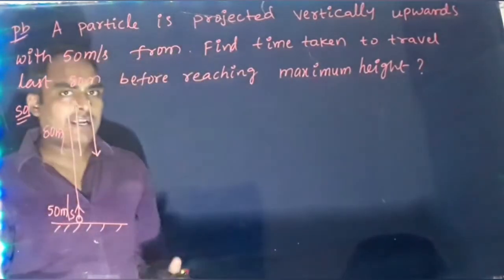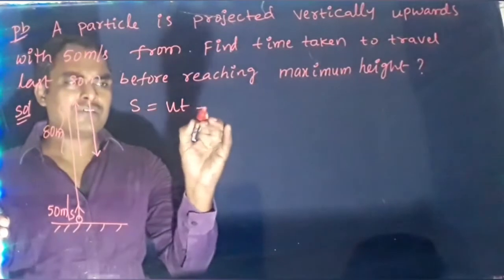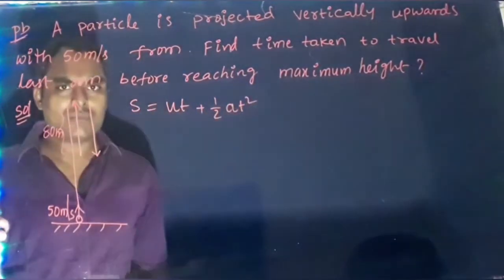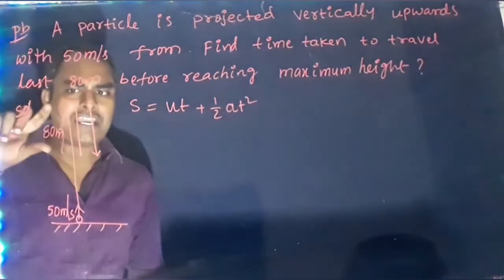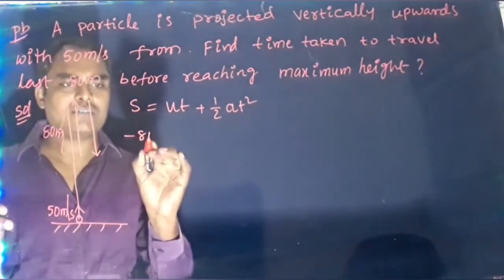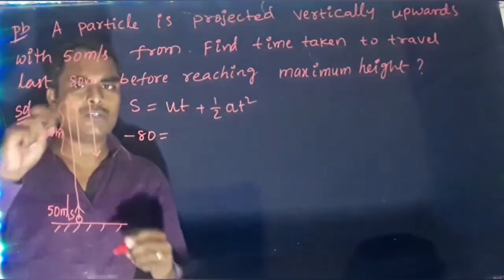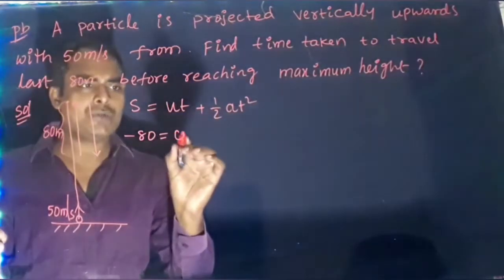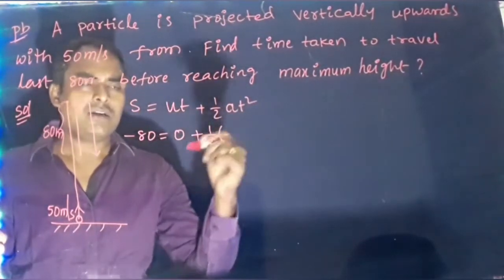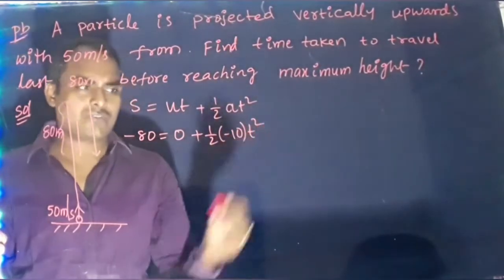So we will use s equal to ut plus half at square. What is the displacement? It is coming down 80 meter. As the displacement is downward, minus 80, downward is negative, equal to u, the initial velocity, which here is 0, 0 into t, 0, plus half, acceleration will be minus g value 10, minus 10 into t square.